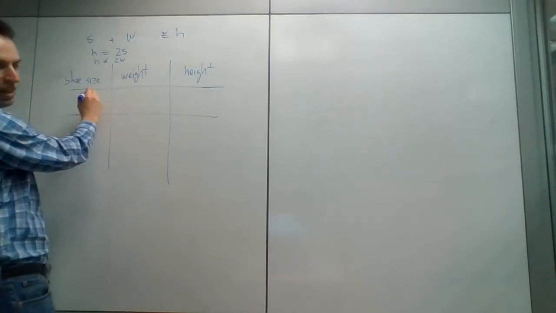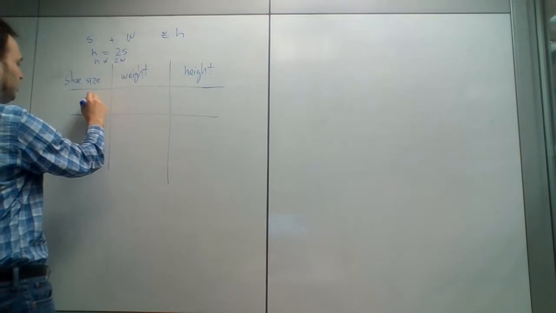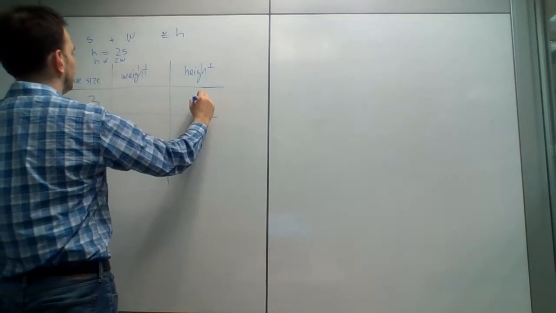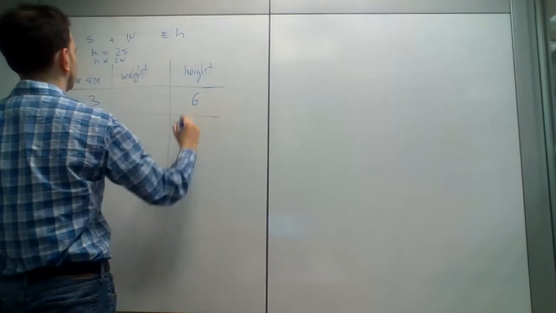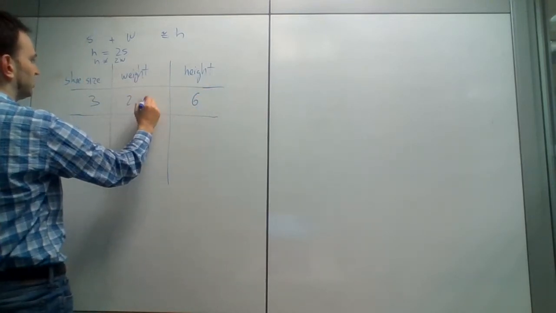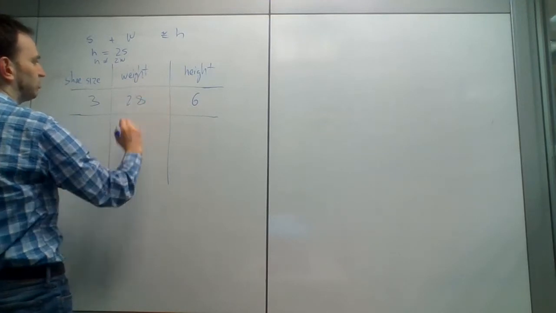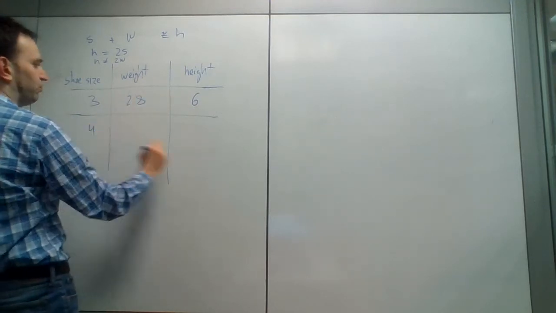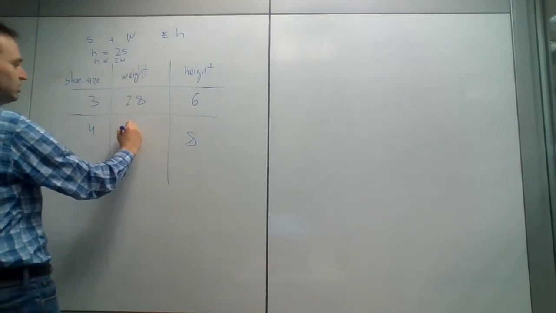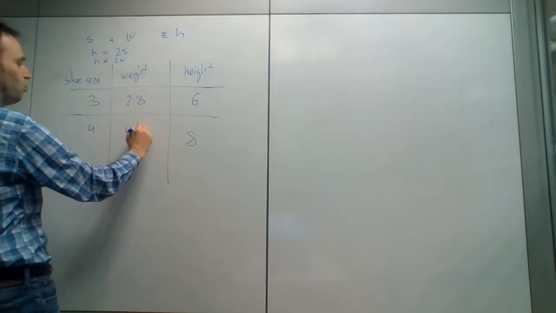So let's say that the shoe size is, if it's like 3, then we'll say that the height is definitely 6. And then the weight here, it's approximately right, so it's like something like 2.8. And then if this is 4, then this is 8, and the weight is going to be a bit of an overestimate, like 4.1.